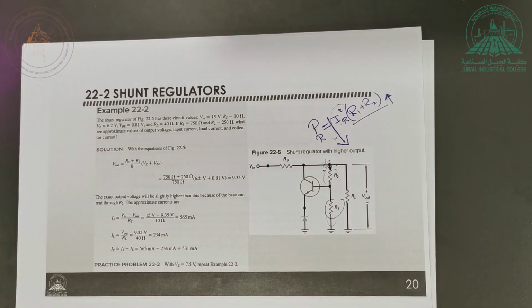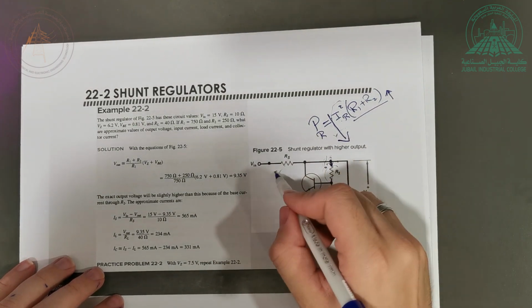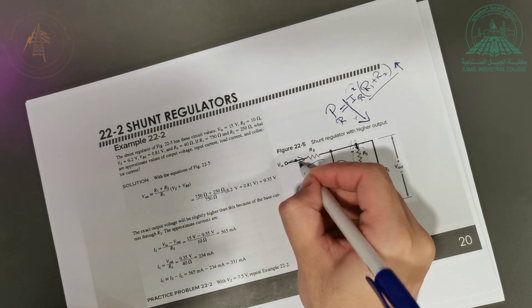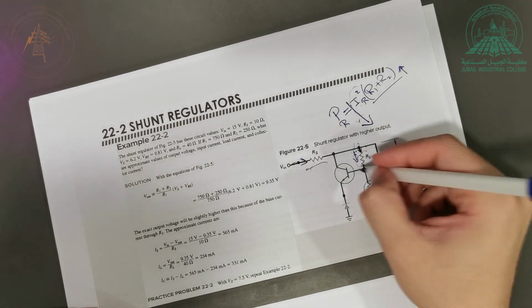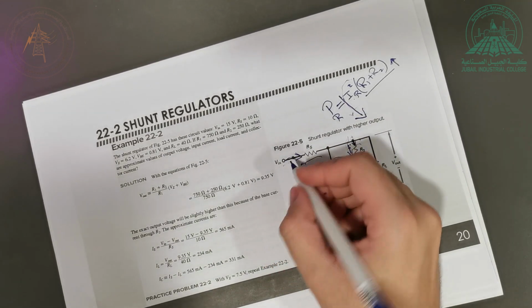Okay, so we get high efficiency, because now I don't have a large power lost here. So we say the power is not going to be lost here, it's going to be lost here. And there's nothing I can do about this, because the current in all cases is going to move like that. Here I can easily make this current equal to zero by increasing R1 and R2. But there's nothing I can do about Rs.